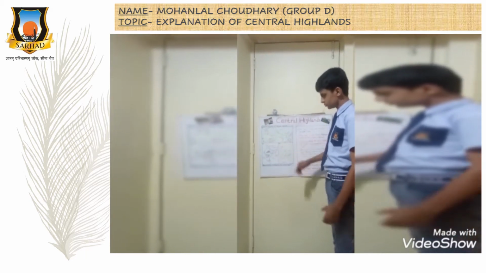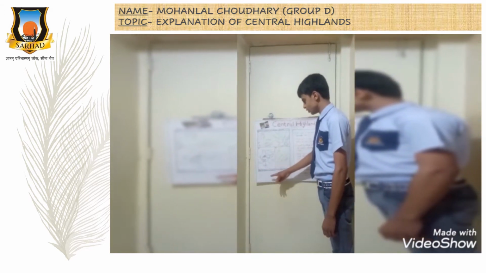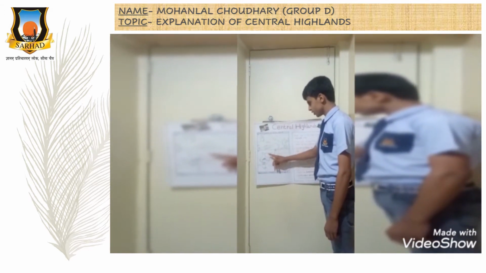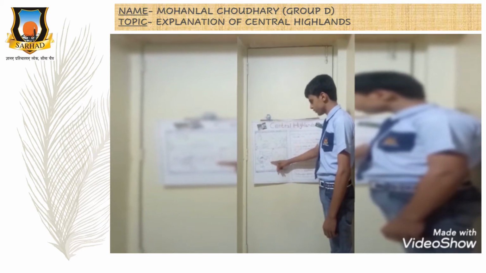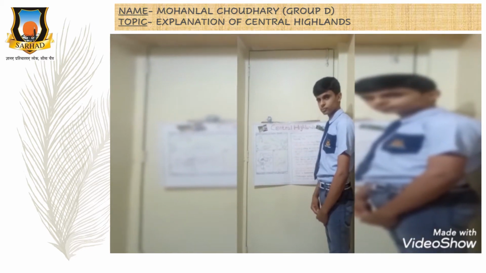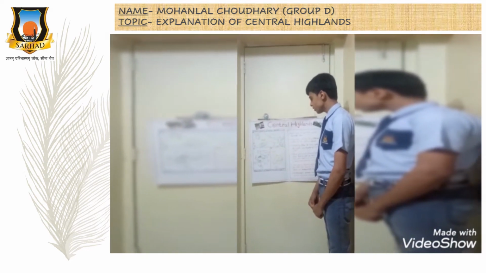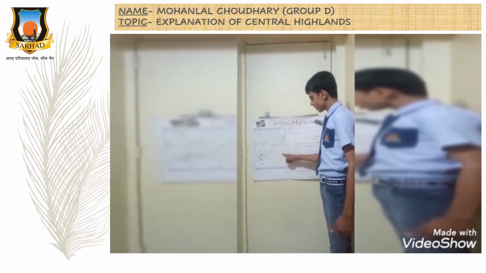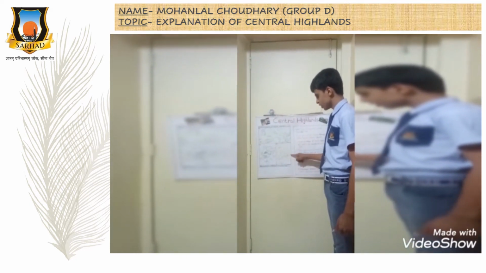Physical regions: Malwa, Bundelkhand, Baghelkhand, Malwa Plateau, Deccan Plateau, Chota Nagpur Plateau. Major rivers of Central and North India: Yamuna, Chambal, Sindh, Betwa, Ken.